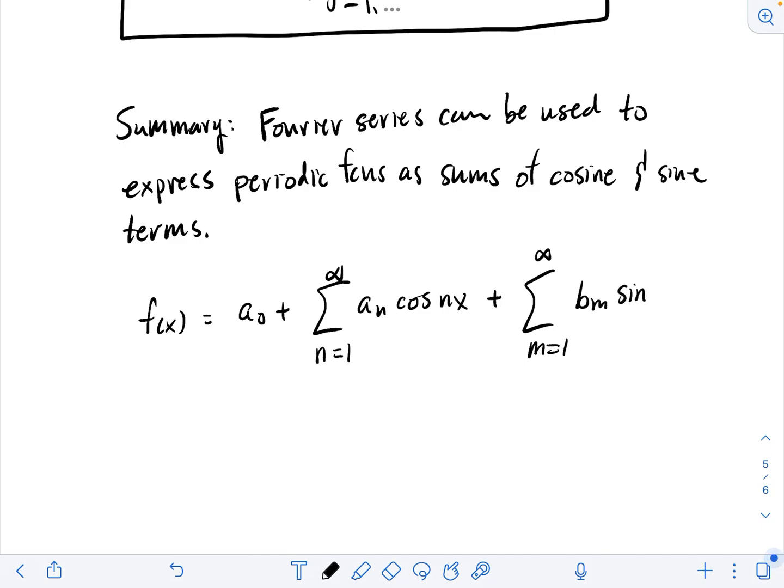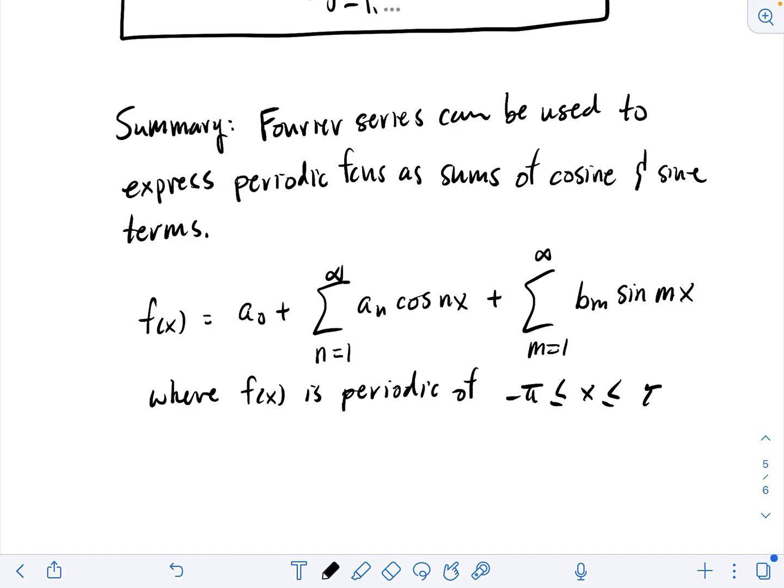This is for this case that we've written down here, where f of x is periodic on minus pi to plus pi.